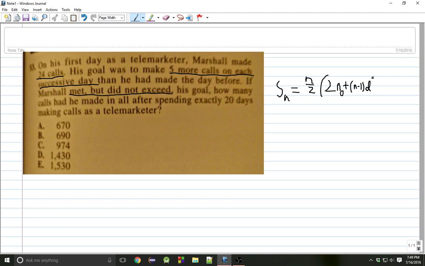Okay, this seems a little confusing. Let me just explain. N not 0 is the first term in the sequence.